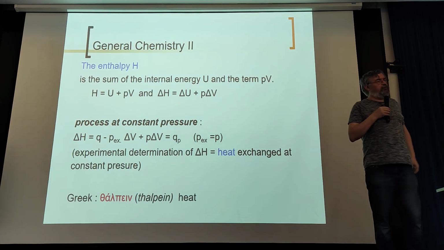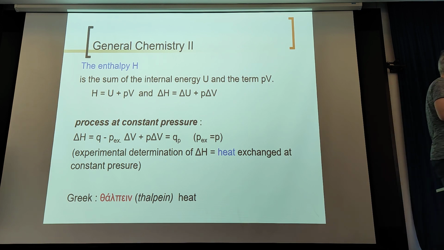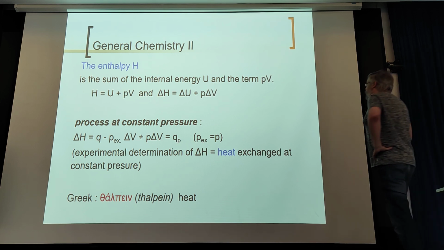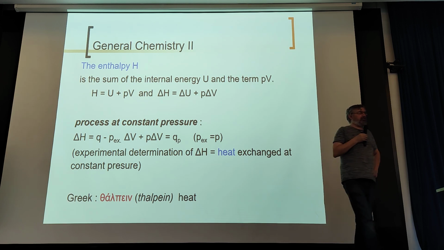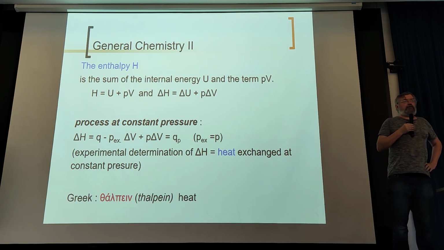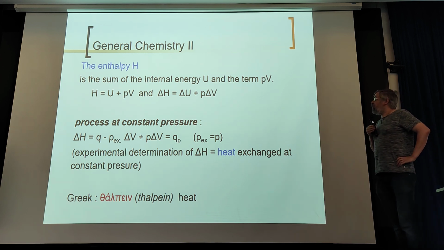This brings us to the first of the thermodynamic functions, and that's the so-called enthalpy. Enthalpy is given the capital H. Again, we are mainly interested in differences in enthalpy, delta H, as a result of a certain reaction.